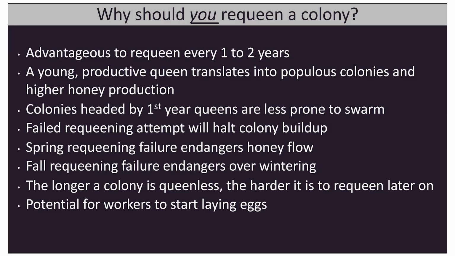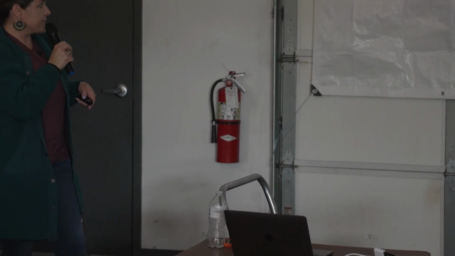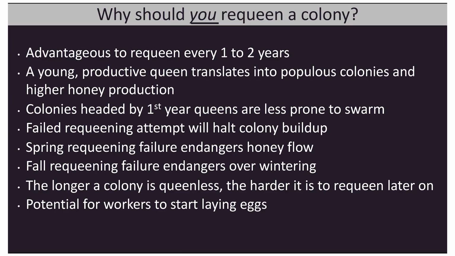And in the fall, failure of requeening, if the workers decide to do it and not you, can endanger your overwintering chances for that colony. Remember from what I just showed you, the longer you let a colony be queenless, the harder it will be to requeen. And so that's where you will have laying workers and a hopelessly queenless colony.